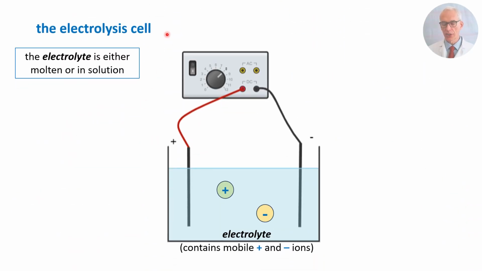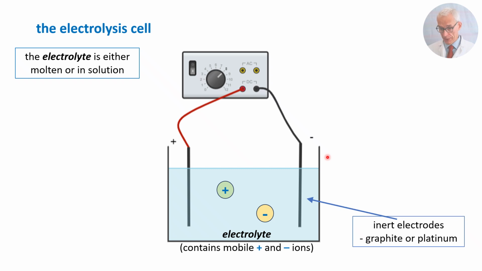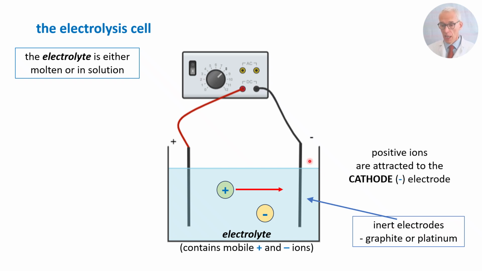So let's consider the electrolysis cell setup. The electrolyte is either molten or in solution. Either way, it contains positive and negative ions that are mobile, that are free to move. The electrodes themselves are made of an inert material such as graphite. The negative electrode is referred to as the cathode and attracts positive ions.